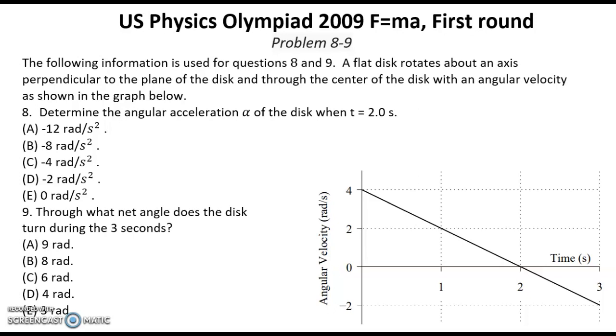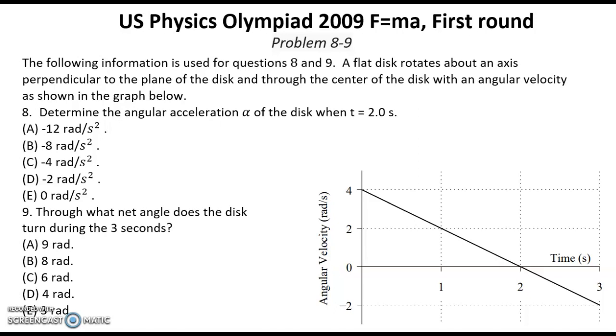A flat disk rotates about an axis perpendicular to the plane of the disk and through the center of the disk with an angular velocity as shown in the graph below. Question 8. Determine the angular acceleration alpha of the disk when time t equals 2 seconds.